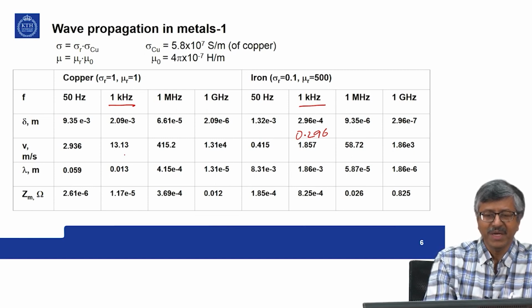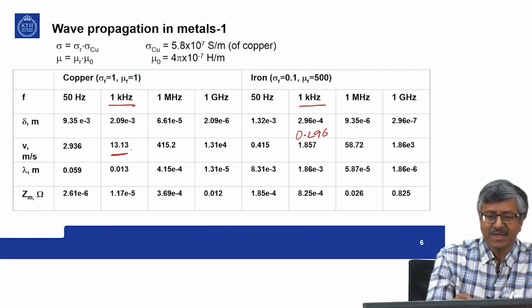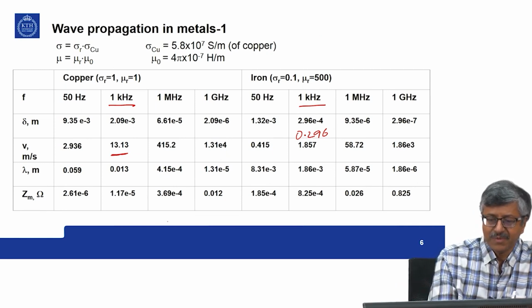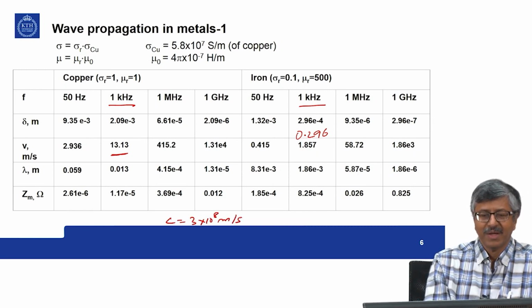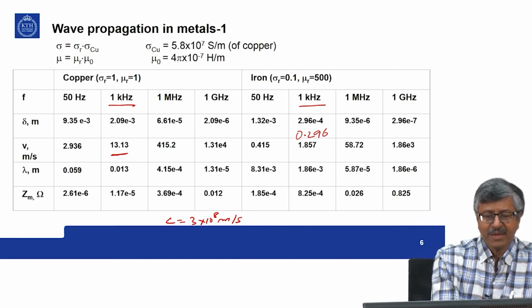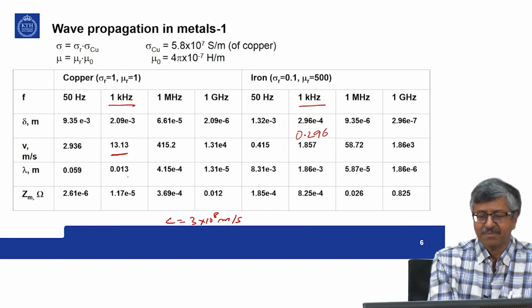And what is the speed in air? So, this versus 3 into 10 to the power of 8 meters per second. Therefore, lambda is extremely small, 0.013 meters.